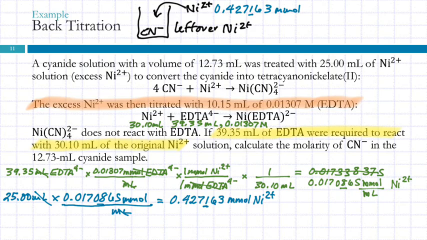So how are we going to go about calculating millimoles of nickel from that? Think grams to moles to moles to grams, but milliliters to moles to moles. So the 0.427, that was how much was added to the cyanide solution.